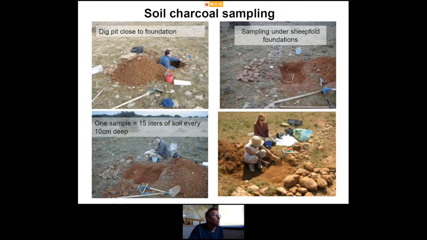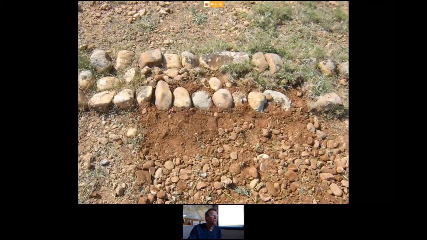to create some pits close to the foundation, to remove the foundation, and to collect all the soil under the foundation, like in this situation. Sometimes the foundation was quite strong, but of course, at the end, we really reconstruct the foundation close to the former foundation.